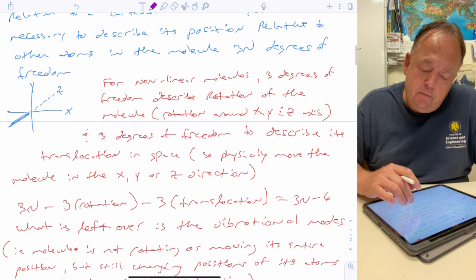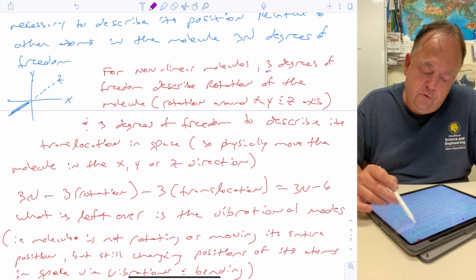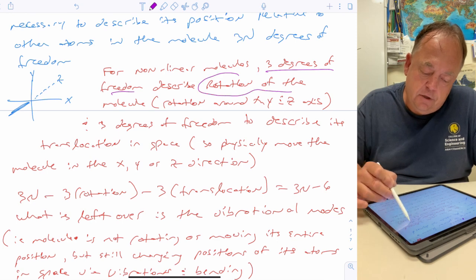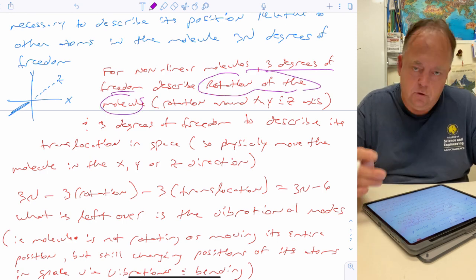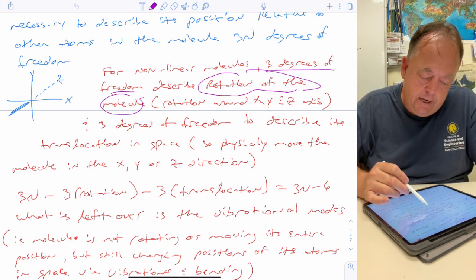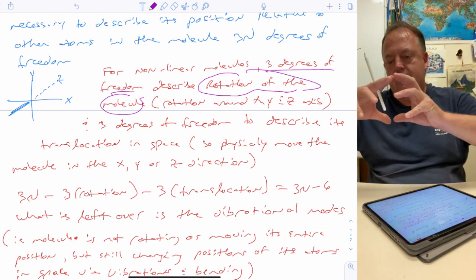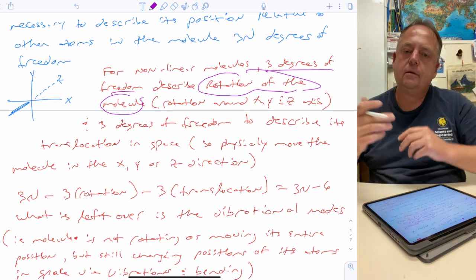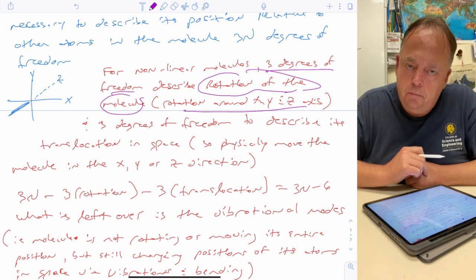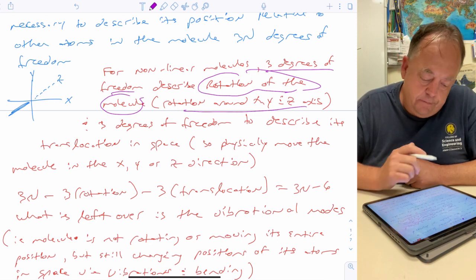For a nonlinear molecule, three degrees of freedom are associated with rotation of the molecule, so actually rotating the molecule in three dimensions. You could rotate it around the z-axis, the x-axis, or the y-axis. That would consume three of the degrees of freedom.